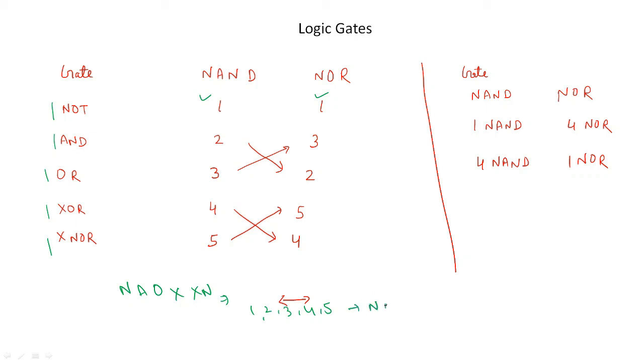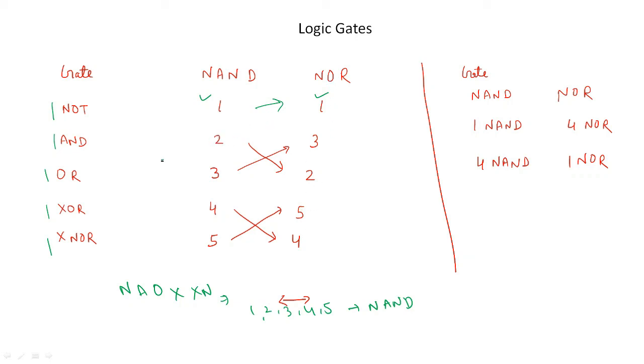This is for the NAND gate. Here 1, 2, 3, 4, 5. Now here 1 will be the same, but 2 and 3 will be in opposite diagonals. Similarly 4 and 5 will be opposite diagonal for the NOR gate.